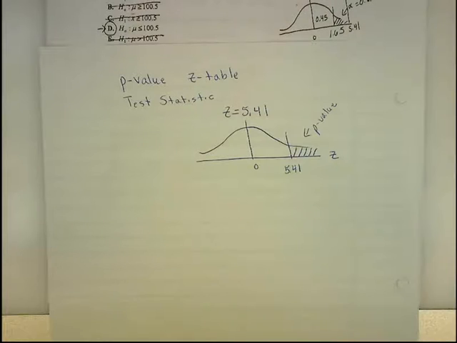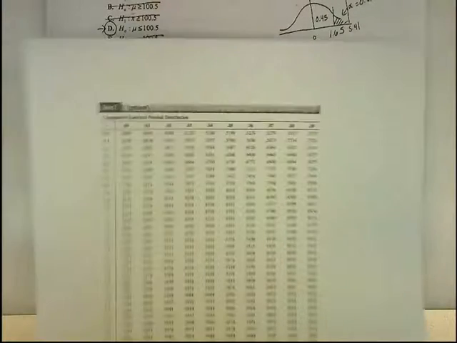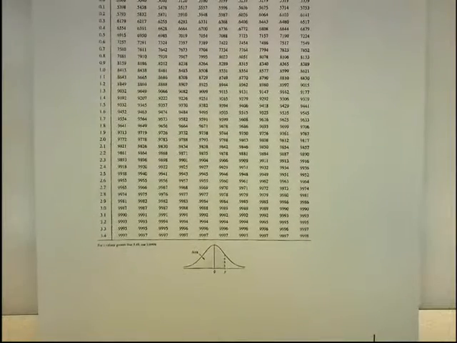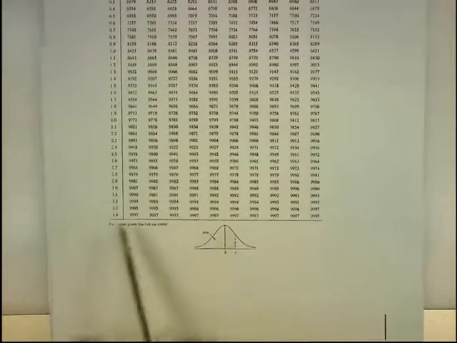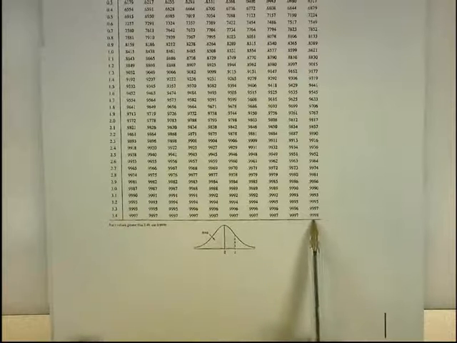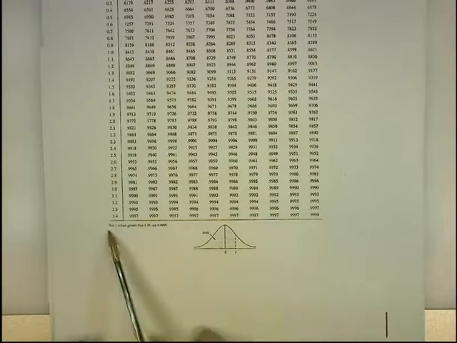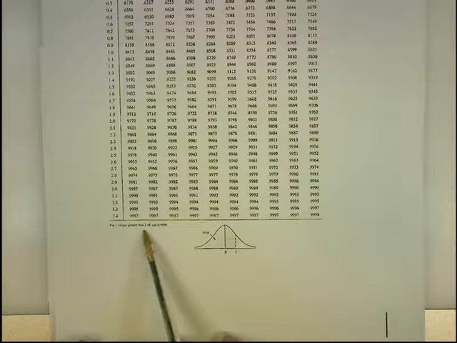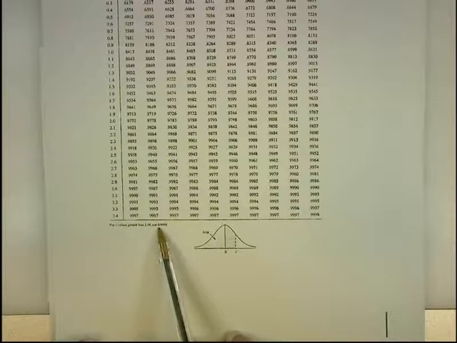We have a little situation here. If you notice with the two-page z-table, the largest z-score is 3.49, and the footnote says, for z-values greater than 3.49, use an area of 0.9999 below it.